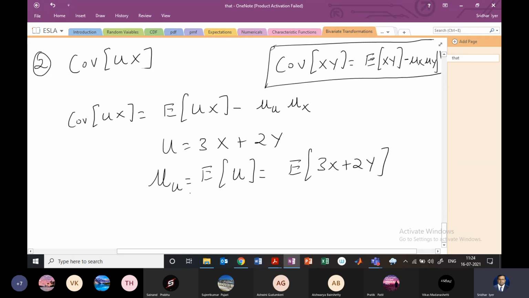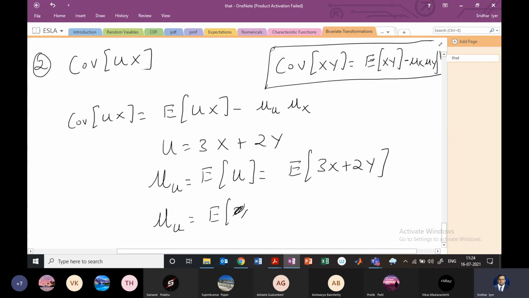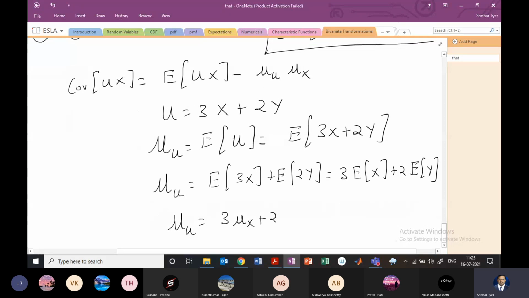And since expectation is a linear operator, it will be E of 3x plus E of 2y. Since there is no expectation of constant, we will get 3E of x plus 2E of y, 3 mu x plus 2 mu y, and these values are already given to us.